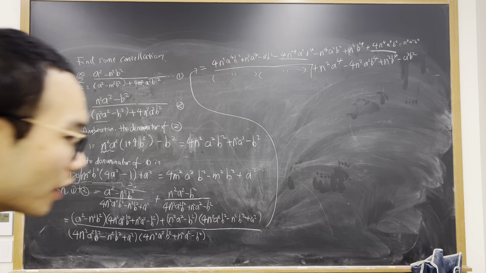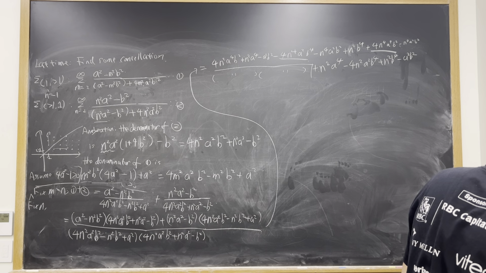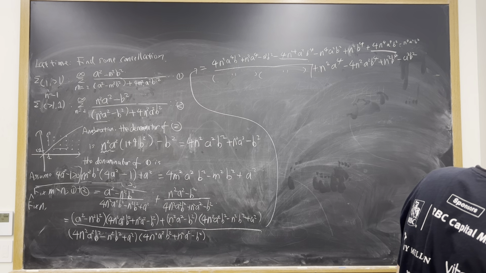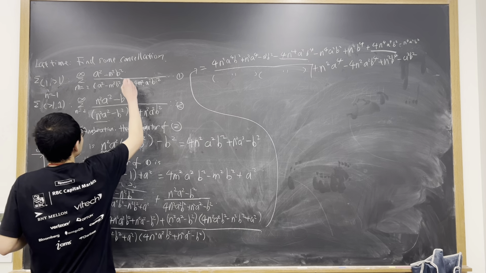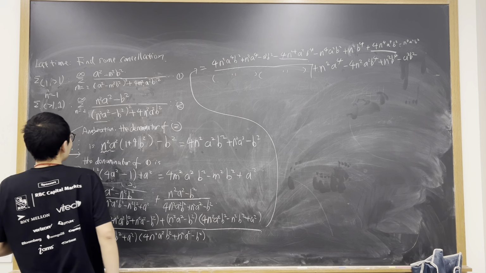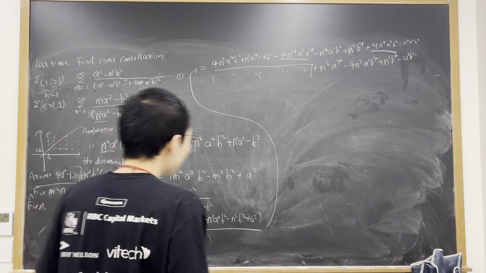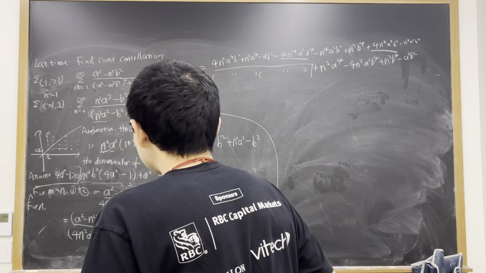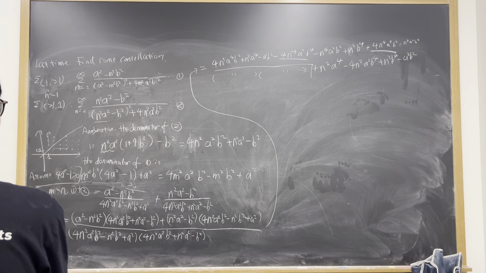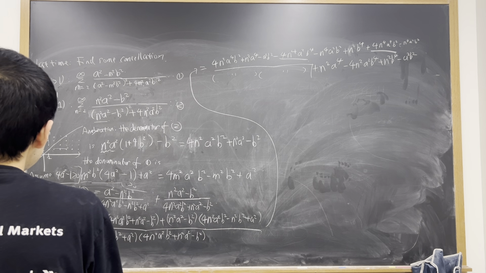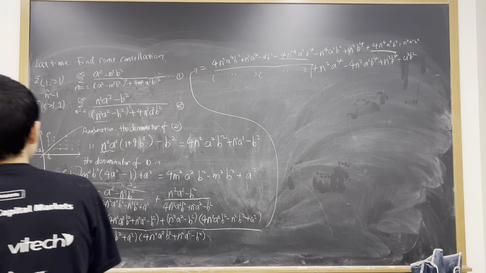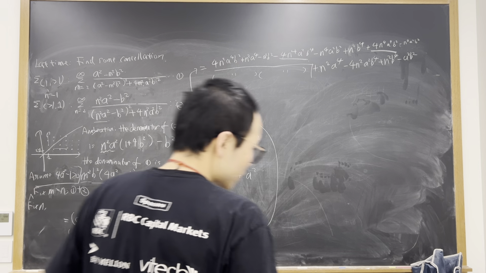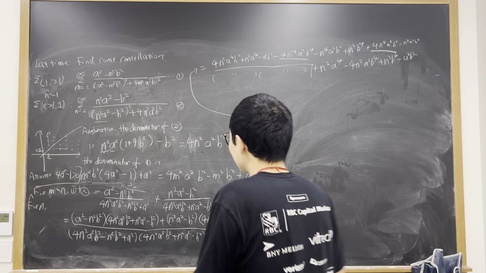I think I miscopied something. So there should be a square here. Without a square, I shouldn't really consider this question, right? So does this give us something if we have a square?